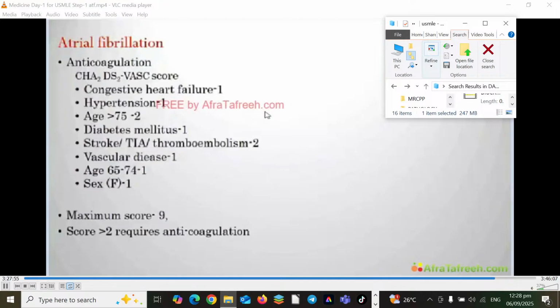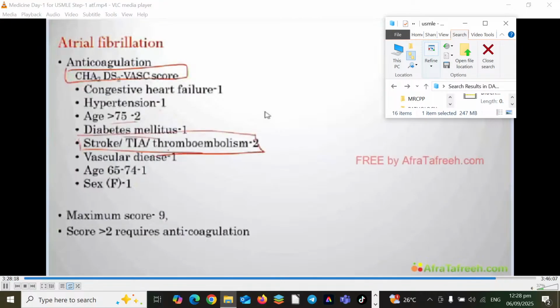You will have to, unfortunately, memorize this score. It is a very simple score because the mnemonic is its name. C stands for congestive heart failure, H stands for hypertension, age, diabetes, stroke. So if he has a stroke in the past, obviously he's at a high risk for developing stroke again.